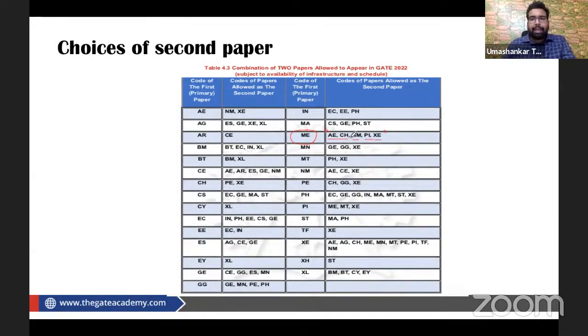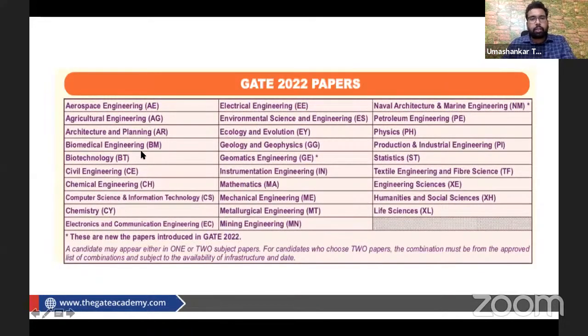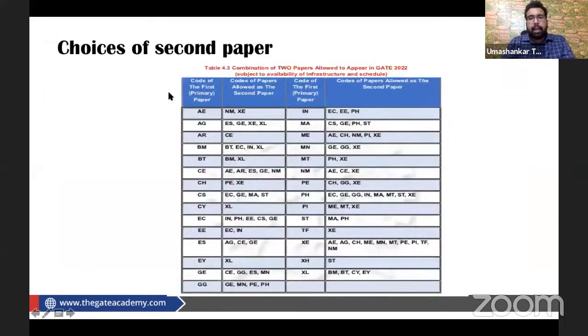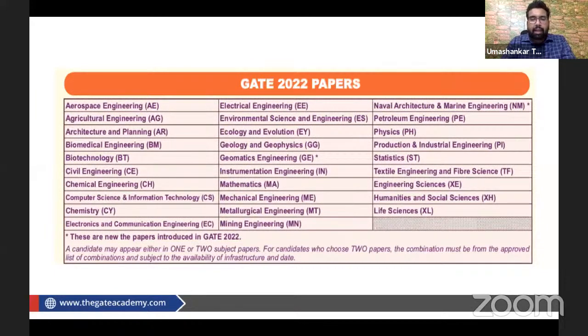Now, what do we mean by AE? AE is aerospace engineering. CH is chemical engineering. NM is naval architecture and marine engineering. This is a new paper introduced in GATE this year only. Previous to this year, this paper was not there in GATE.